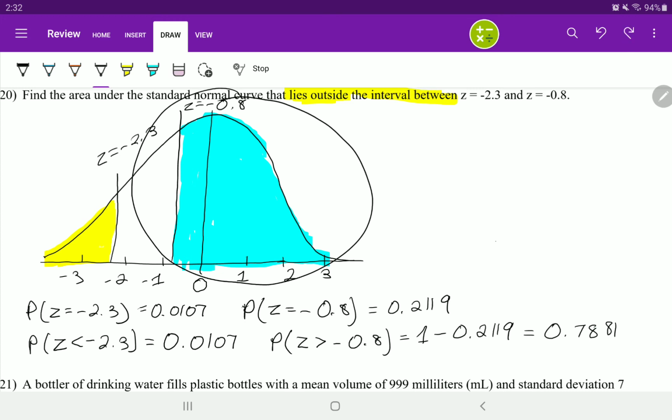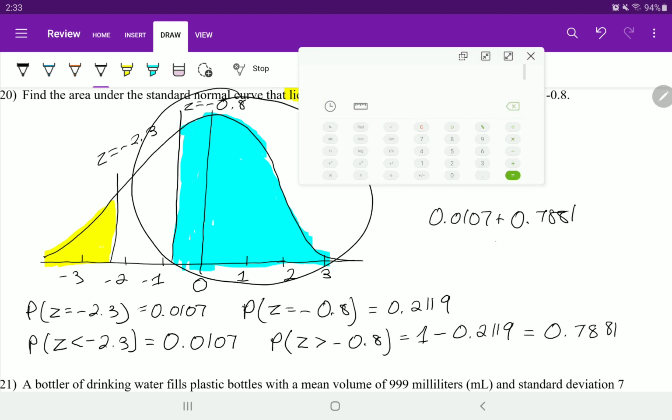Now, to wrap this up, because I have a two-directional shading, once I find the probabilities for each of those, I can add those together, and that will be the final answer. Majority of my curve is shaded, so that means my probability, my area, should be large. So we can add the 0.0107 with the 0.7881.